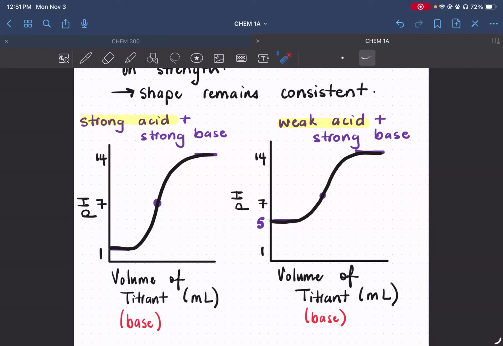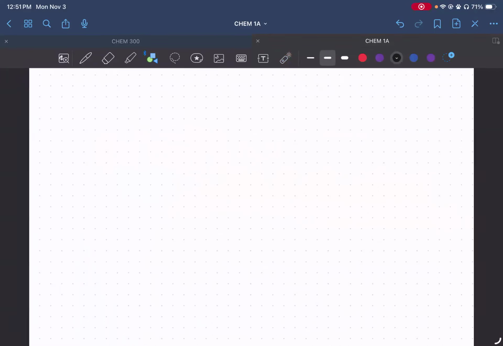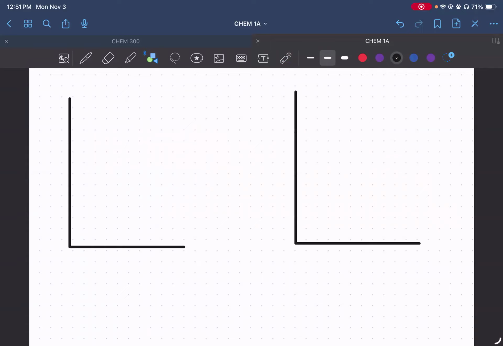Okay. This is the case where we changed up strong or weak acid. Now let's draw 2 more graphs. This time we're varying the base. We know what our graphs are going to look like in theory. The y-axis is pretty consistently pH.